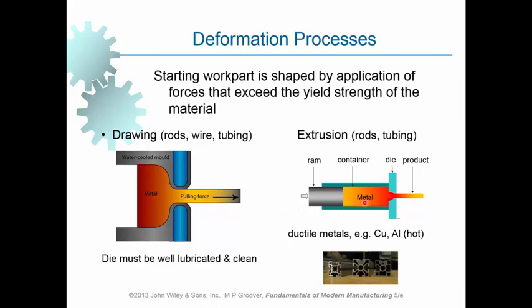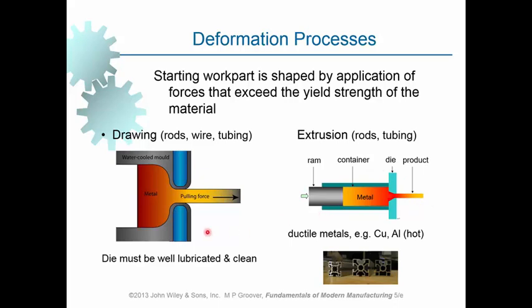We can do it the other way, that is to press the material and to push it out of the cavity. Again, the shape and geometry of the die opening will be left on the product that is extruded through it. So this process is referred to as extrusion.